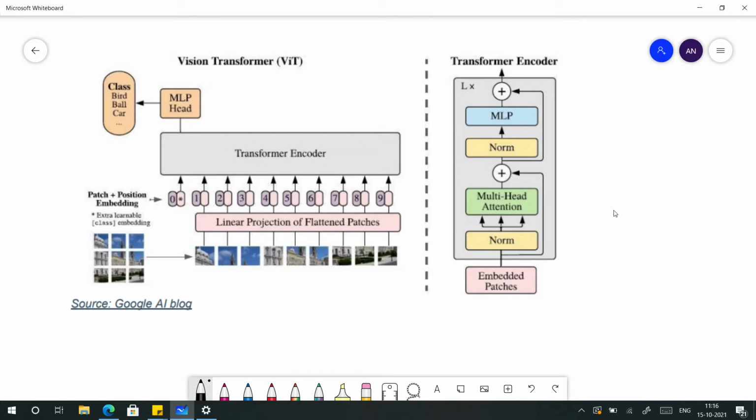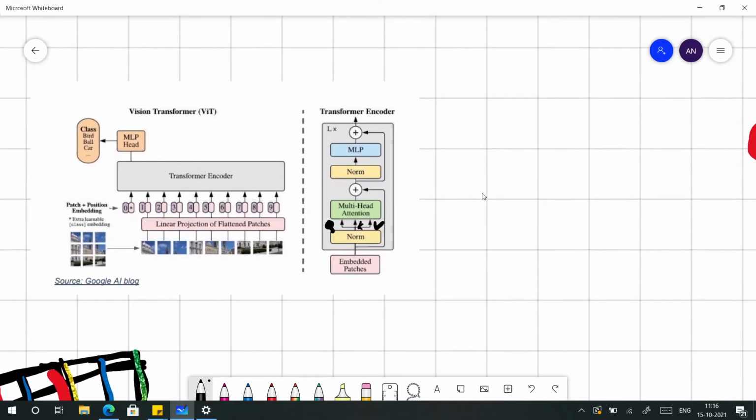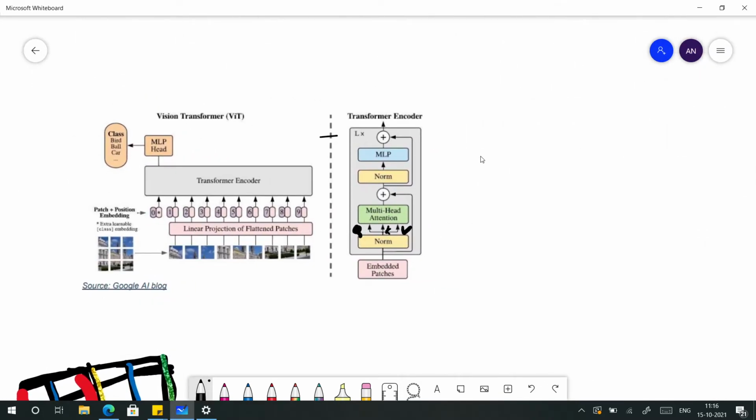Again it's all the same process, the same query, key and value vectors will be given, and there are skip connections, and it is going to learn the association from one patch to another. The benefit of this is that if there's an image like this, there's a ball here and there's a person here.